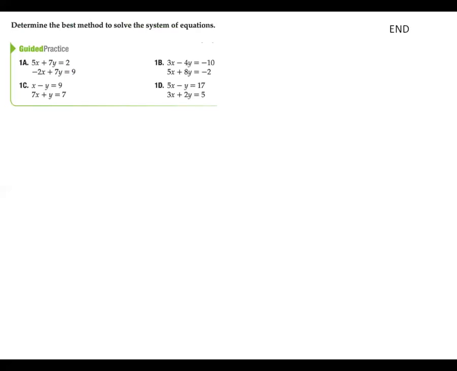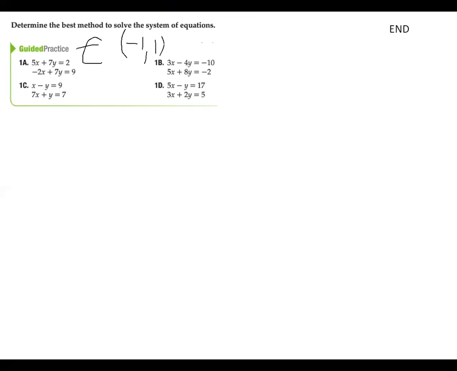The first one, I would use elimination because the y's both have a 7 in front of them. So you would multiply the second one by -1, or you could just subtract them and solve for y. In 1a, the solution is -1, 1.